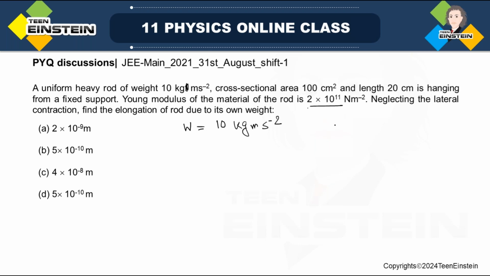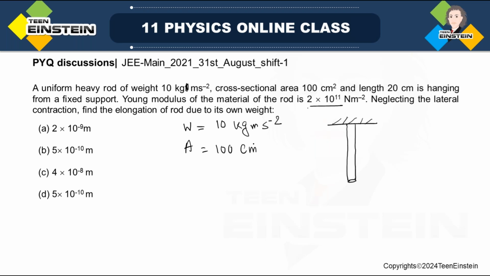So let me draw the figure. There is a uniform rod and it is said it is heavy. The rod is heavy, actually, heavy uniform rod, and it has cross sectional area A given as 100 centimeter square.